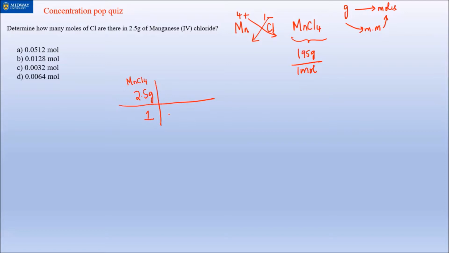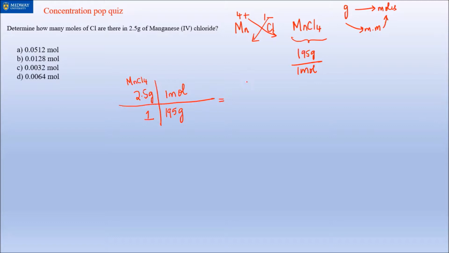And then the molar mass is also for the MnCl4, right? At this point, you can do 2 things. You can stop right here, because you're comfortable with that.